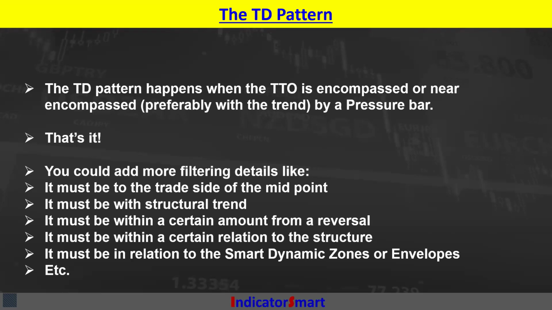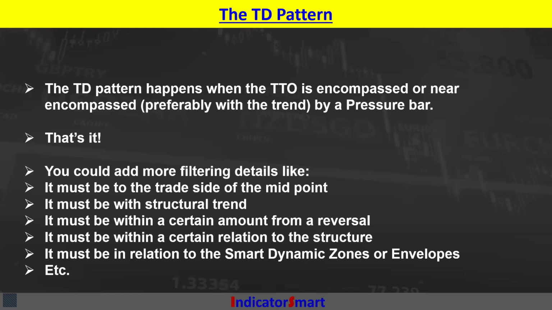So as I said, you could add more filtering details, like you want to make sure it's on the trade side of the midpoint. I'm going to show you what that looks like in a minute. It must be with the structural trend, so the market's making higher highs and higher lows. It would be within a certain distance from a reversal.